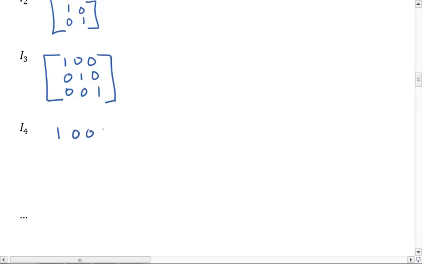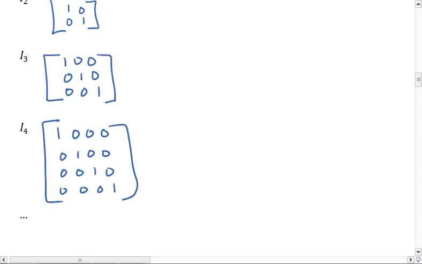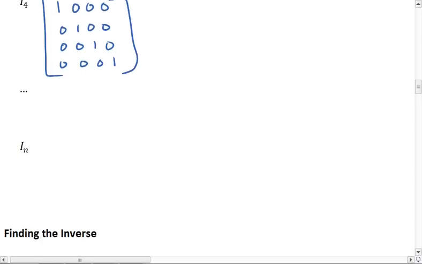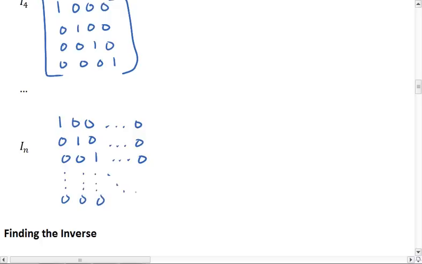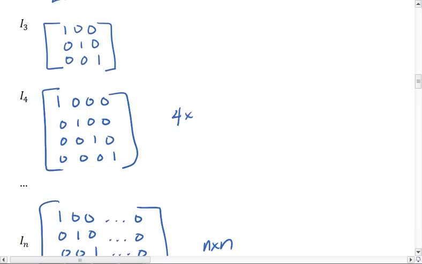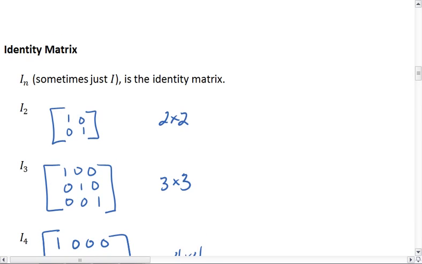I4 is a 4 by 4 matrix with again a diagonal of 1s and 0s everywhere else. This pattern continues such that I sub n means that we will still have this diagonal of 1s and 0s everywhere else, and this is an n by n matrix. So I4 is a 4 by 4 matrix, I3 is a 3 by 3, and I2 is a 2 by 2.